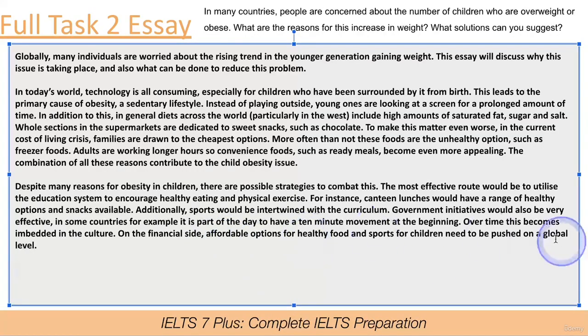need to be pushed and actually need to be made a priority, in fact, on a global level. Okay, let's put this all together then. So, in conclusion, we just want to restate what we've been talking about.